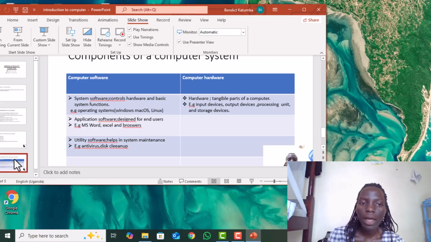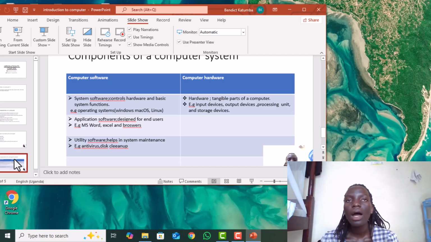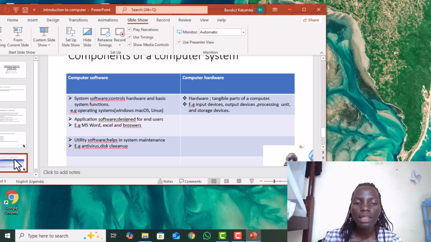Computer software has types, which are system software, application software, utility software. We are going to look into various things of it. We have hardware, which are the tangible parts of a computer. Among them are the input devices, output, processing, and then the storage.